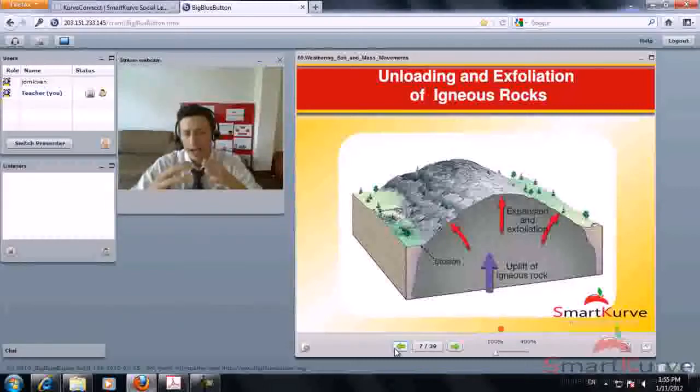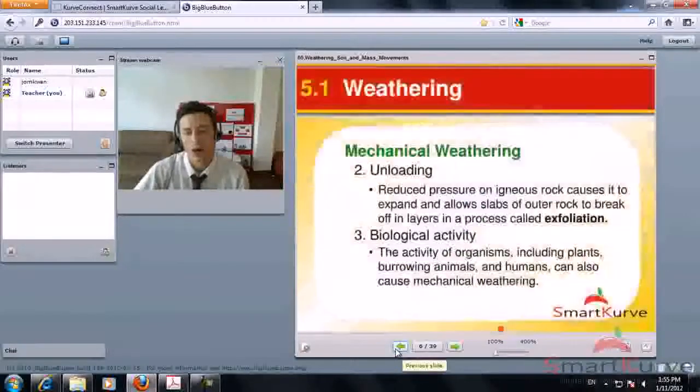Without that weight, the igneous rock can actually expand because it's under much less weight, under much less pressure. So the igneous rock will actually expand and crack, and that's what we call unloading.